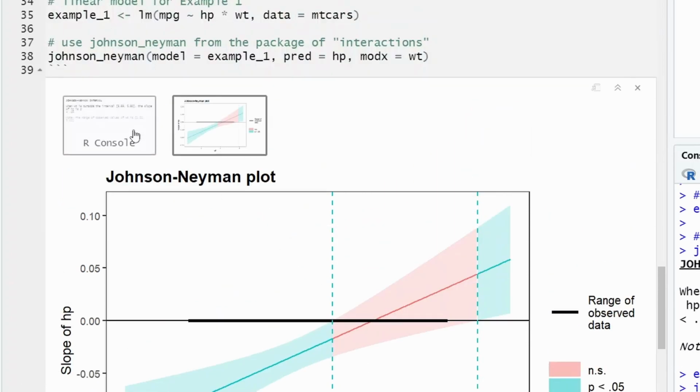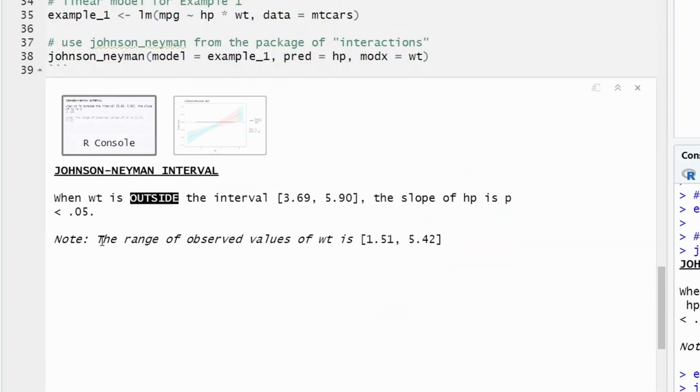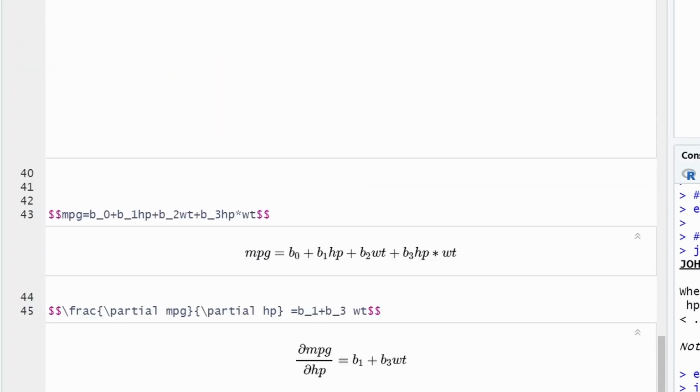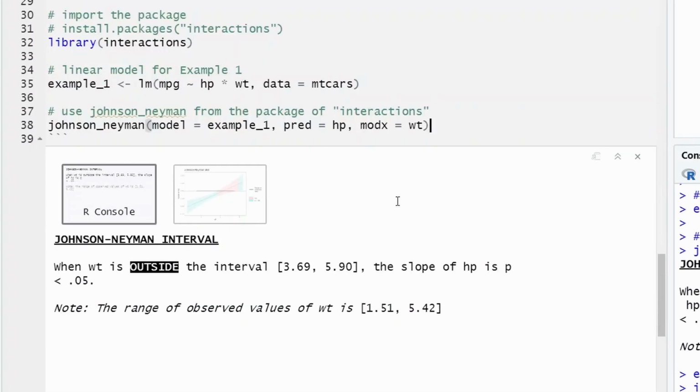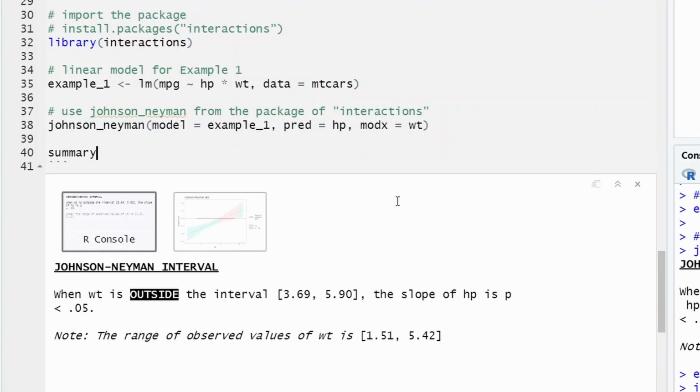There's another piece of information I would like to mention: the range of observed values of weight is 1.51 to 5.42. This statement is telling us that in the data set, the minimum weight is 1.51 and the maximum weight is 5.42. And in R, we can calculate the summary of the data set.